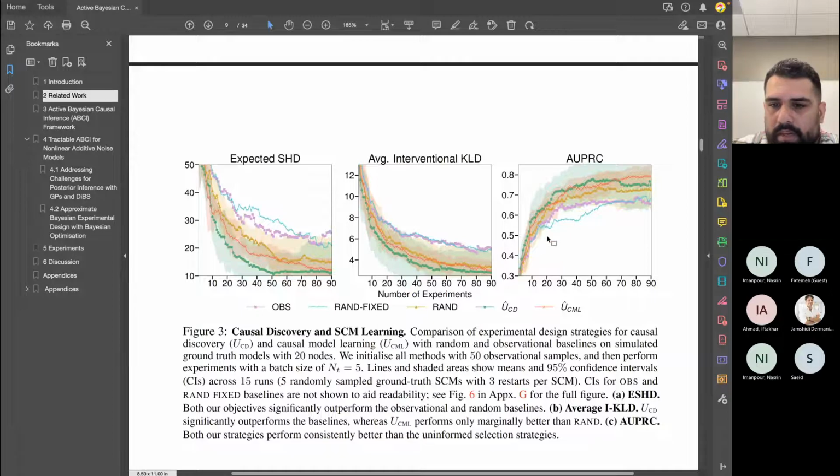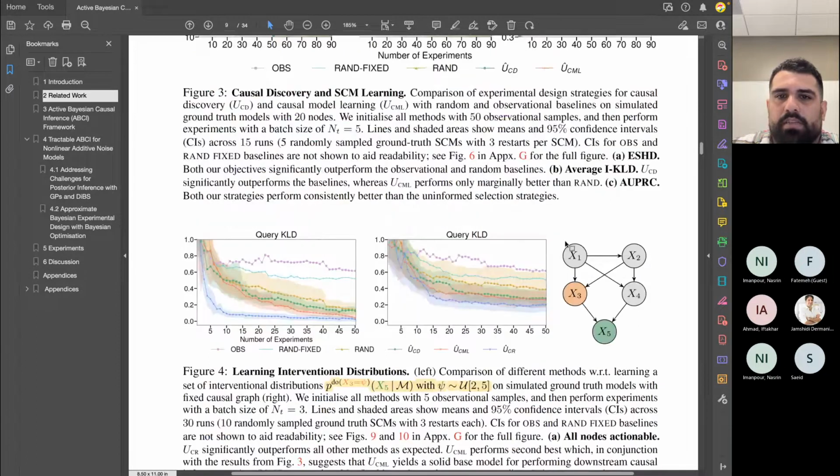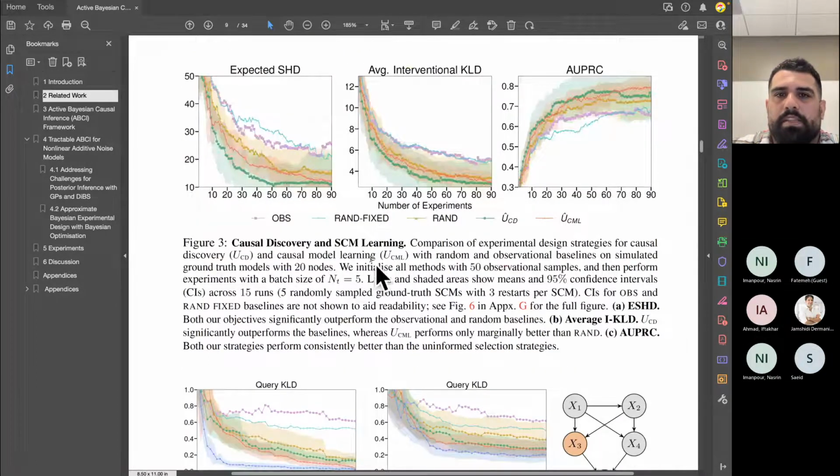Very good here and very good here and there as well. In these experiments, they are only for causal discovery. They didn't want to quantify the relationships between the nodes. They just wanted to learn the causal graph. So the utility function for causal discovery worked very well here.